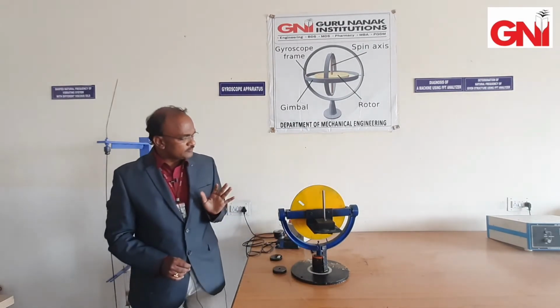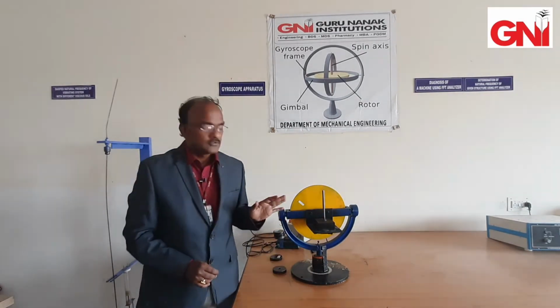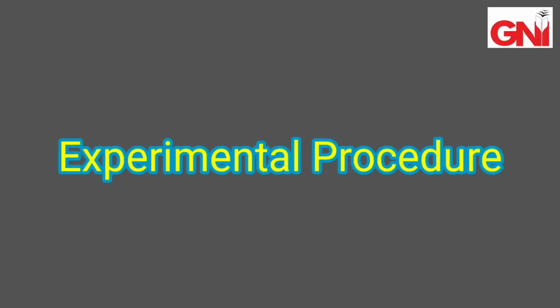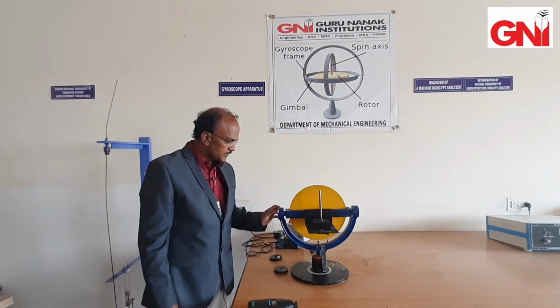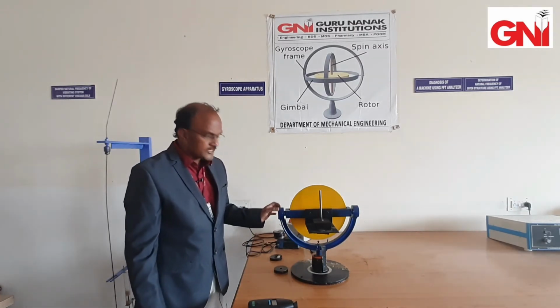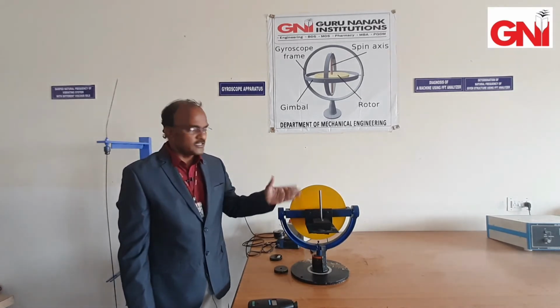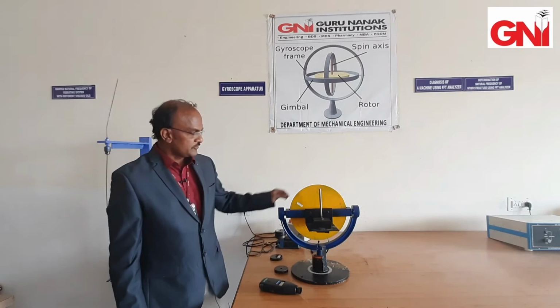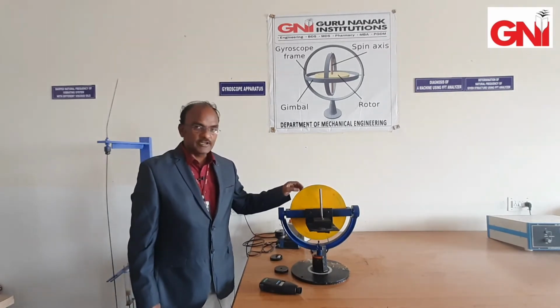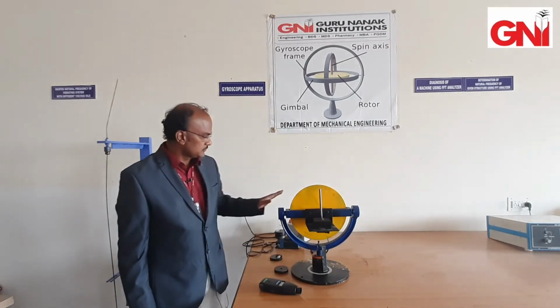Now I am going to describe the procedure to conduct this experiment. Check the rotor for vertical position. Adjust the balance weight slightly if required. After checking the rotor for vertical position, keep the dimmerstat at 0 position.